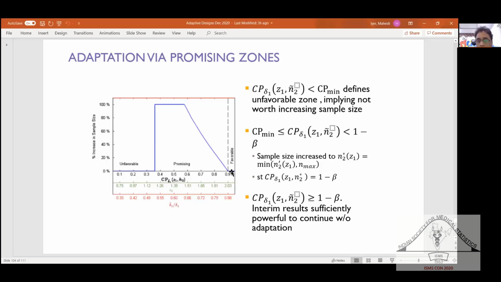If your conditional power is 0.9 and higher, you don't need to increase. This is already the favorable zone. If it is less than 0.36, you're in the unfavorable zone, so don't bother. If it is between these two values, you're in the promising zone, so you can increase your sample size. This approach allows you to preserve your type 1 error and at the same time increase your sample size.